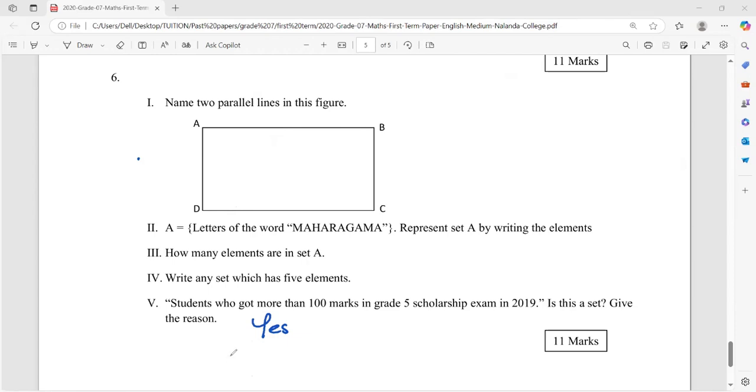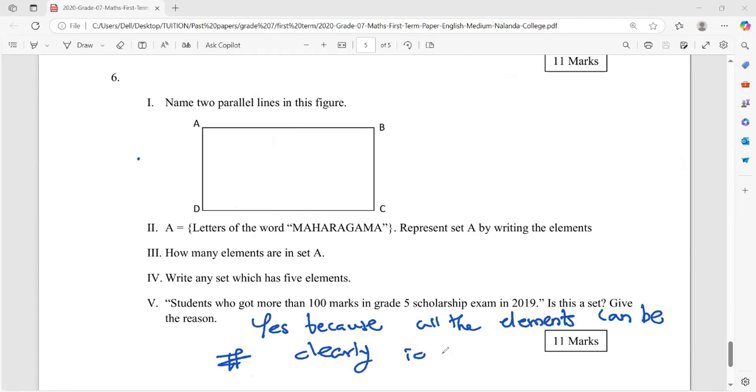The reason is, you can say yes, because all the elements can be clearly identified. So this is the answer for the last part.